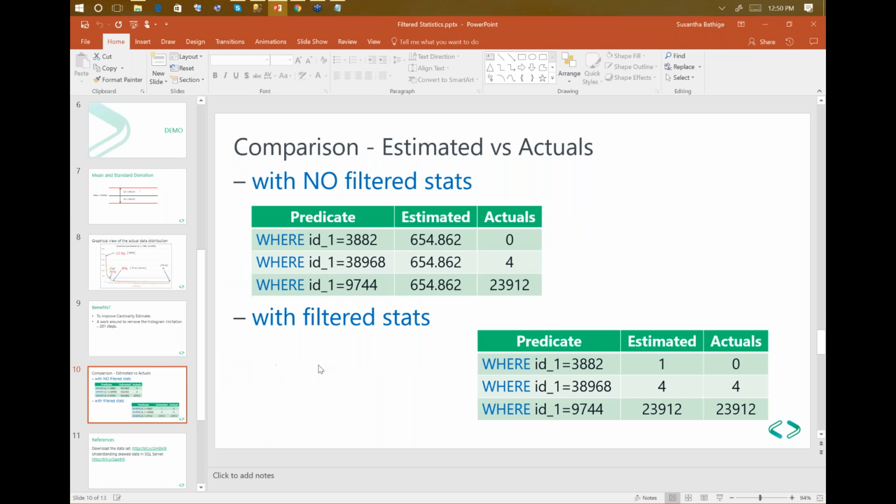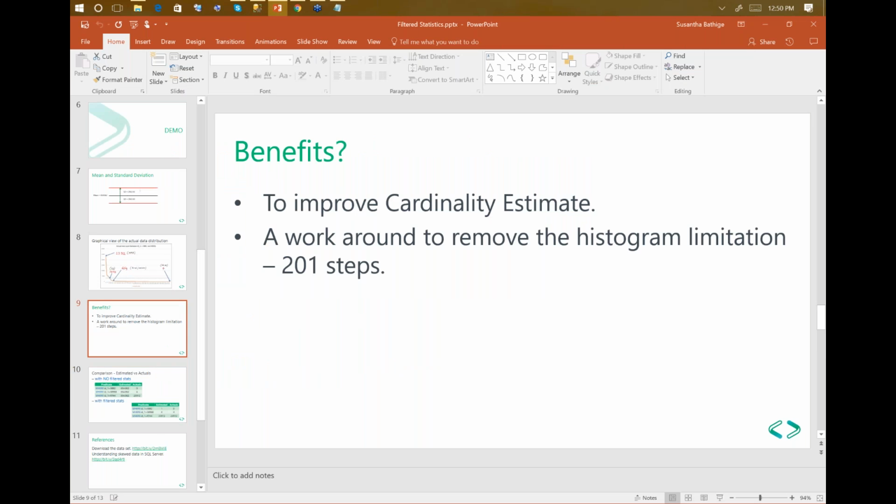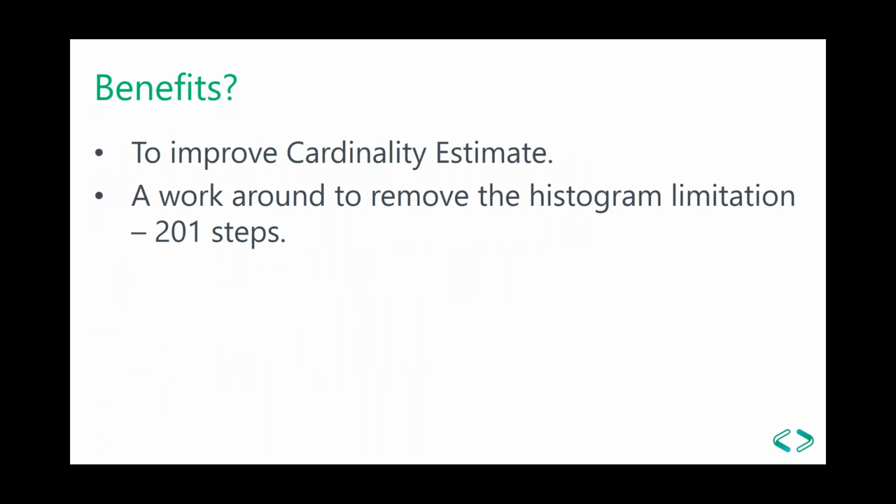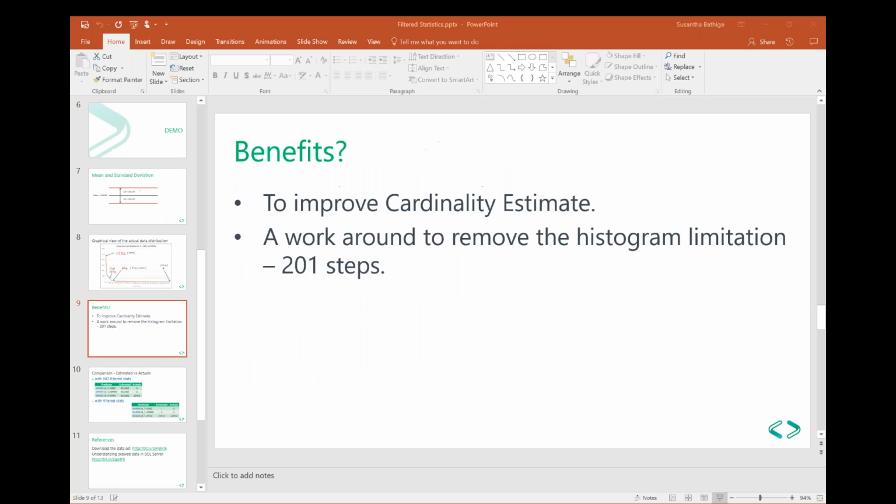Okay, let's move on to our presentation. What is the benefit? The benefit is to improve the cardinality estimate, which means the estimated number of row count is closer to the actual number of row count, which is what we want. The second benefit is a workaround to remove the histogram limitation.